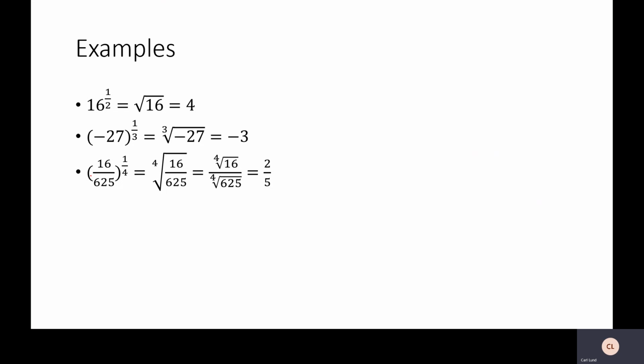One more trickier example. These are sometimes found in your textbook. So if you had 16 over 625 to the 1/4, if we were doing this by hand, we would see that's the 4th root of 16 divided by the 4th root of 625, which is 2/5.